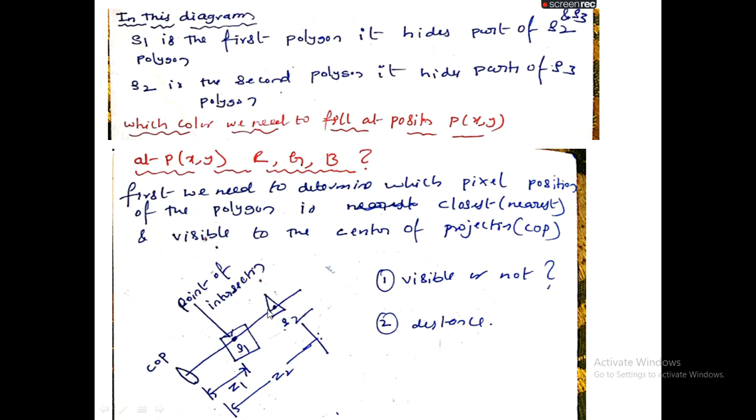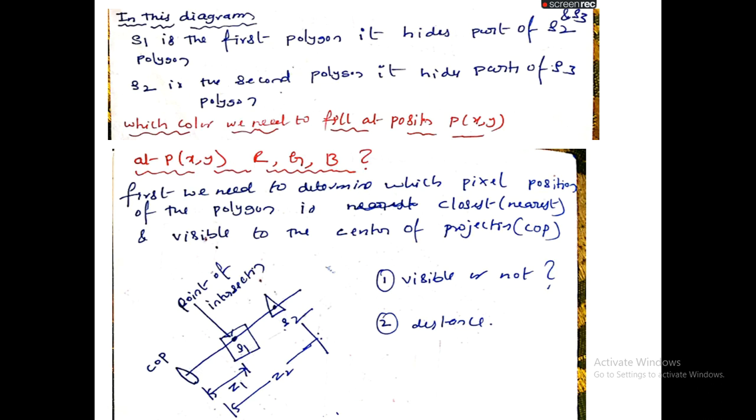Now how do we identify whether it is hidden or not? You draw the projection line from the center of projection to these surfaces, and here we need to determine the point of intersection. When the projection line intersects one of the pixels of the particular surfaces, we get the intersection point.